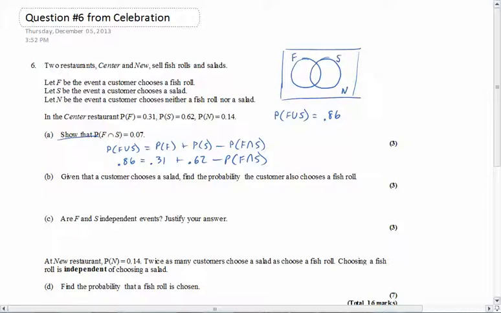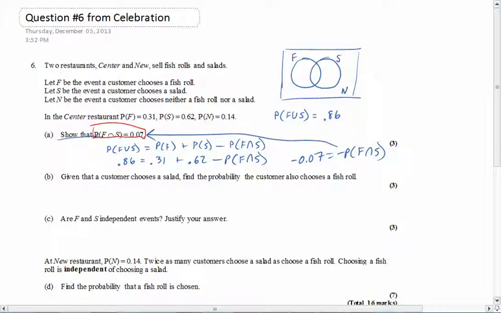So you end up getting negative 0.07 equals negative probability of F and S, which then means that, of course, that has been shown. Now, because it's a show that, you can almost guarantee that this information needs to be used in the next part. If you don't, then you're probably doing it either the hard way or the long way.